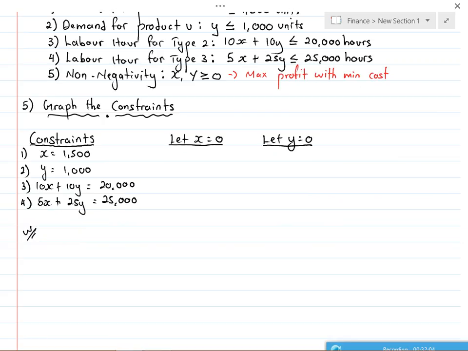Let's show the working of how to get let x equals to 0 and let y equals to 0. How are you going to do it? So over here, for the first one, x equals 0 and y equals to 0.